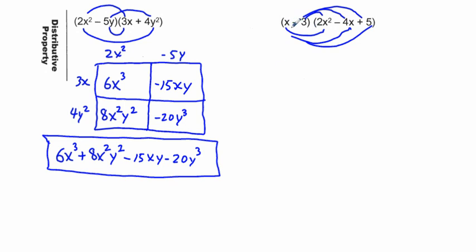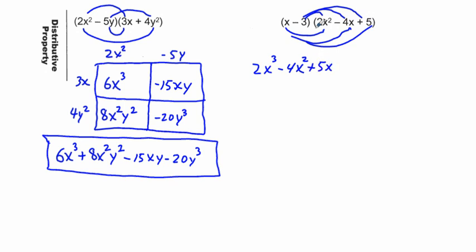The first thing we have is x times 2x squared. That's going to be 2x cubed. Okay. Next we have x times negative 4x, which is negative 4x squared. Next we have x times 5, which is going to be plus 5x.